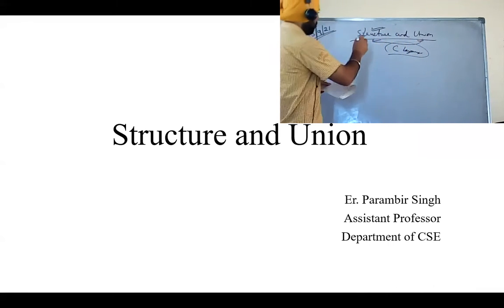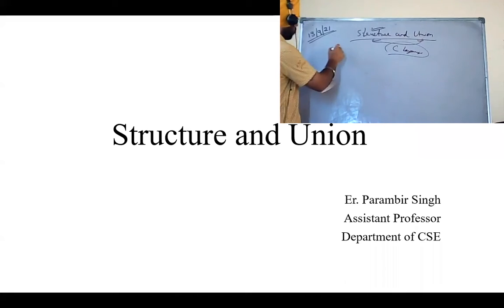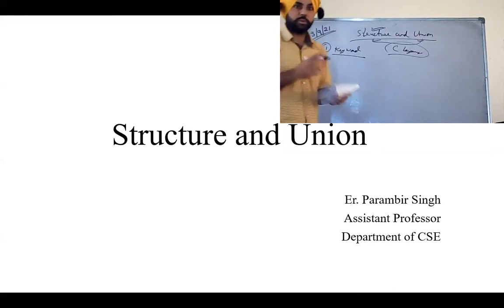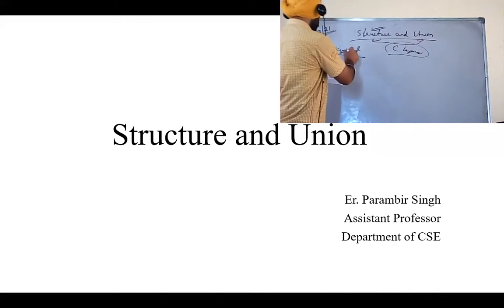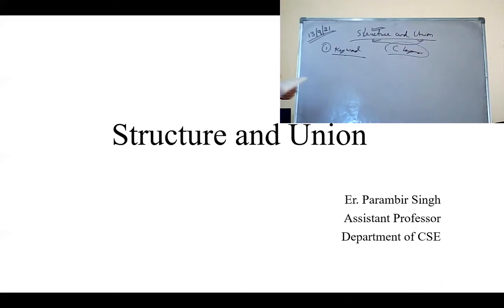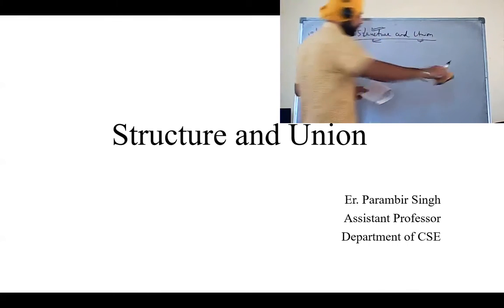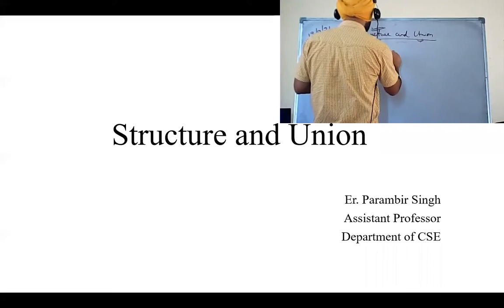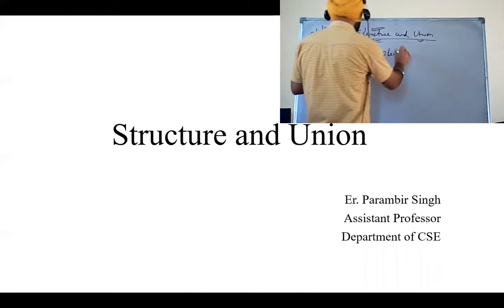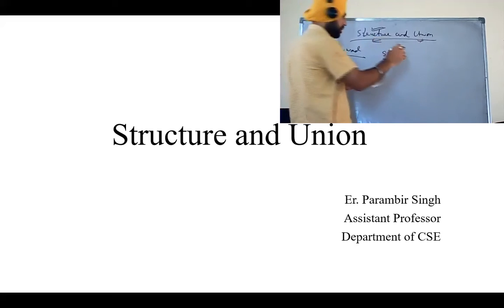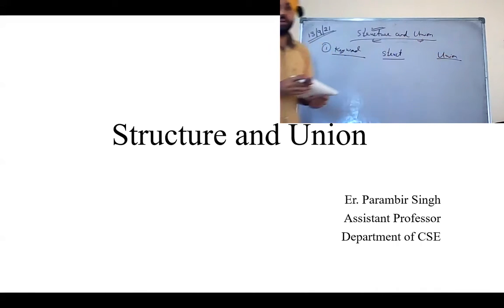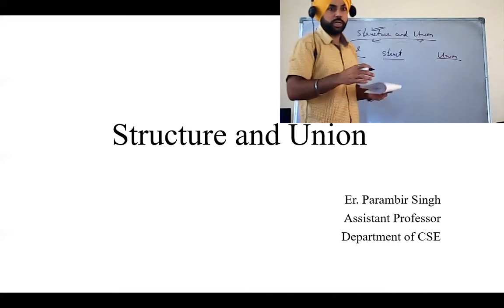So when we are talking about the difference between structure and union, the first point is the keyword. In the case of structure, our keyword is struct, and in the case of union, the keyword is union, when we are applying them in C programming.